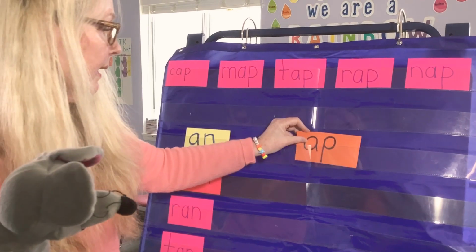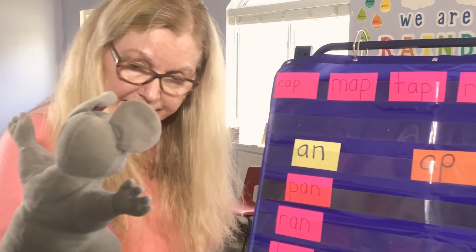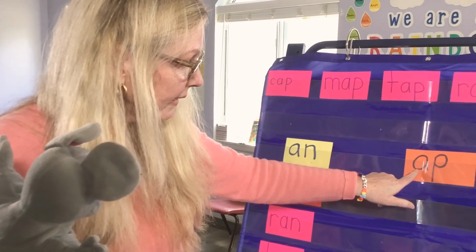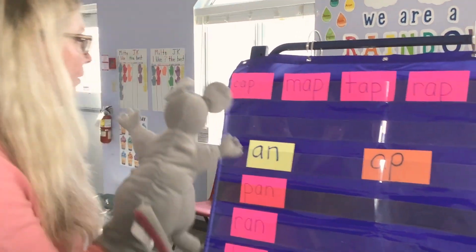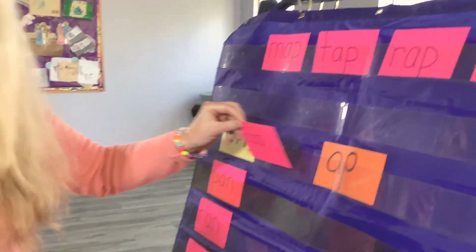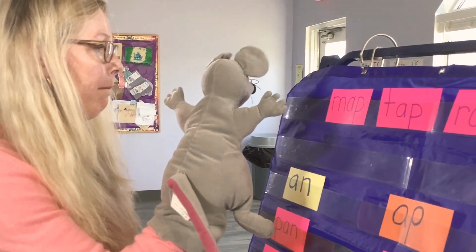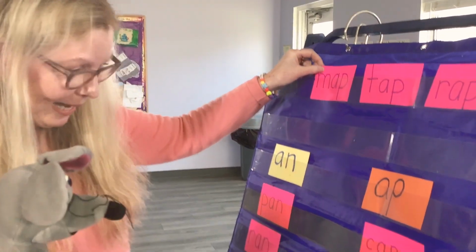So now we're going to look for the ap words. Okay, so Inky, can you find the ap words now that you understand? So it's words that end in ap. Here we go. Yes, cap. And again, this is the first lesson, so the first lesson is very straightforward. Map. Yes, map.